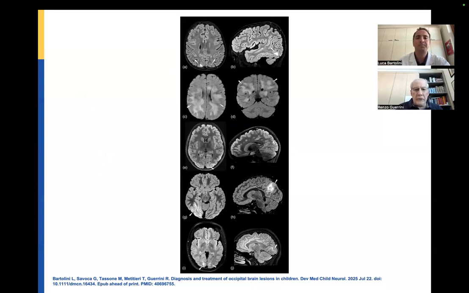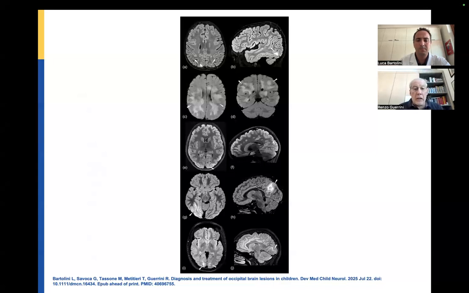On the third line, we have an example of 7 Tesla imaging of an 11-year-old child with focal cortical dysplasia involving the left occipital lobe, as the arrow shows.